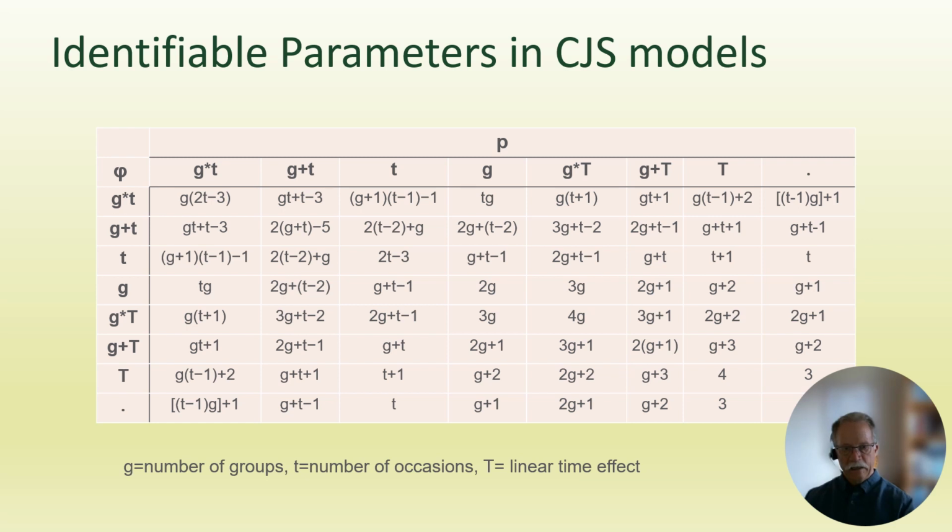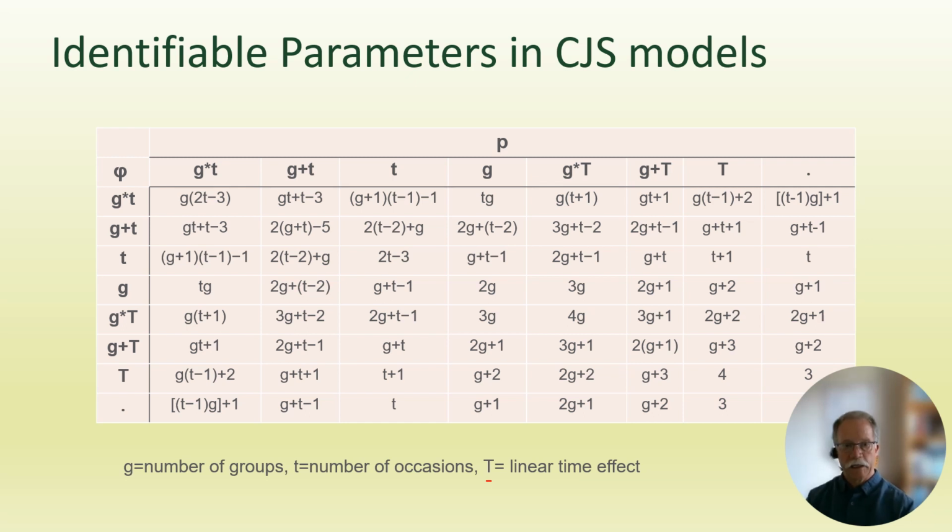Big T is something we haven't quite referred to yet, and that's a situation where you have a linear time effect, where you're trying to see if there's a straight linear change in phi over time. It can be positive or negative. Is phi dropping linearly over time, increasing linearly over time in your data?